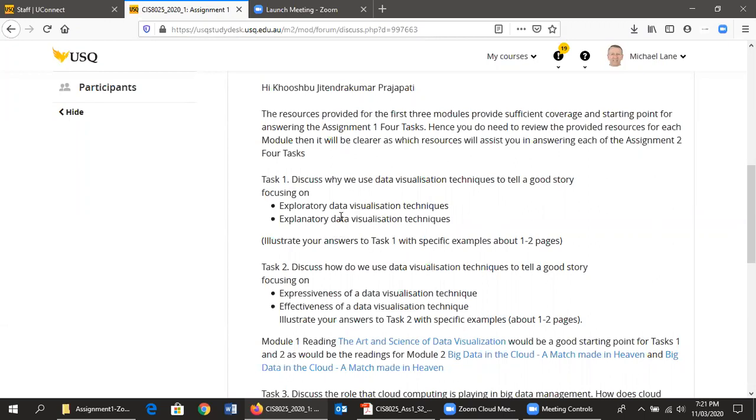So give some examples of exploratory data visualization techniques, obviously looking at some graphs that would highlight how you conduct exploratory data visualization.